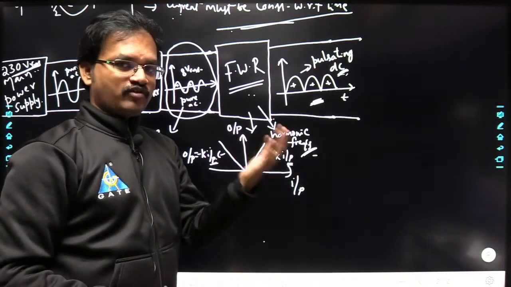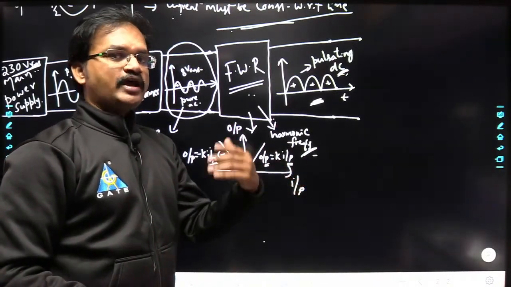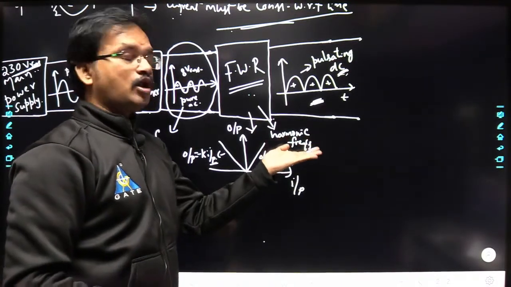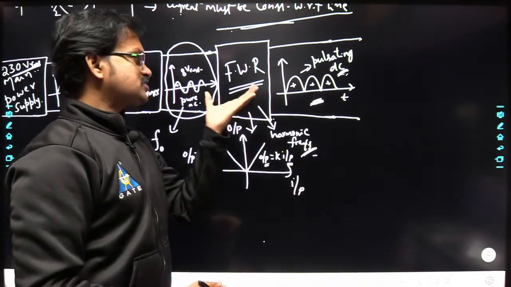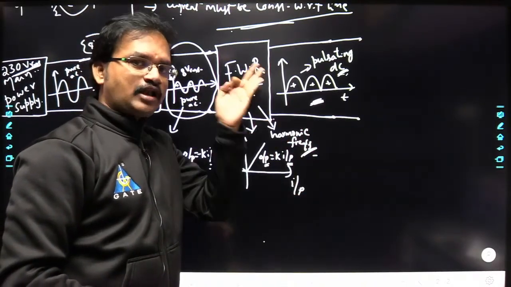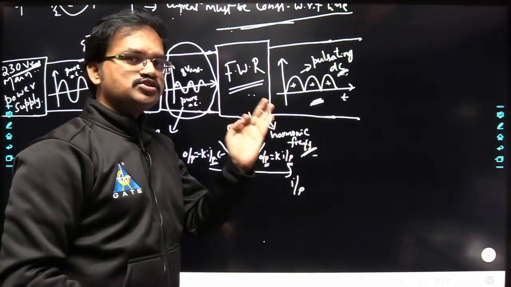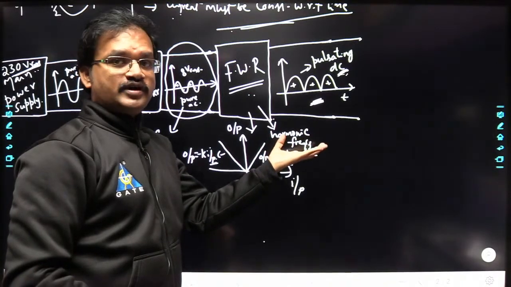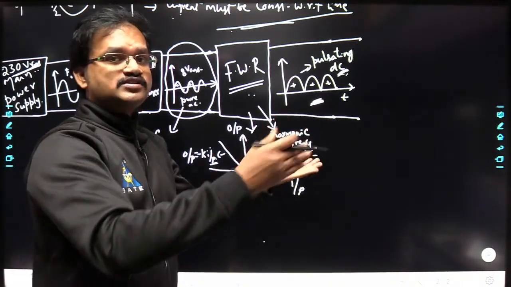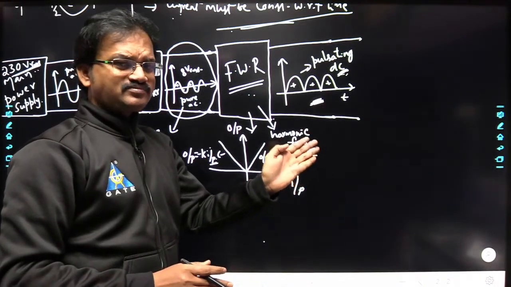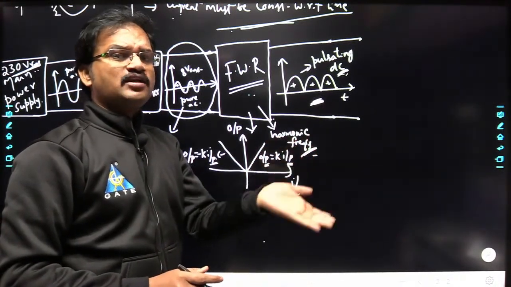You are going to have some fundamental frequency, and the integer multiples of that fundamental frequency are called harmonic frequency components. Whenever you are operating the circuit in the non-linear region, it is going to generate harmonic frequency components, which are higher frequency components, integer multiples of the fundamental frequency.